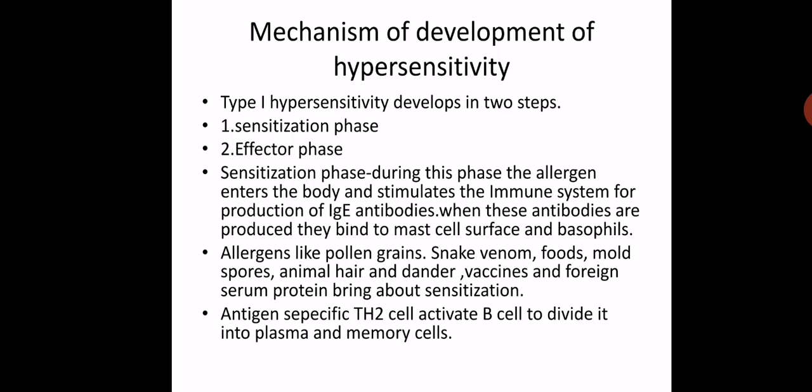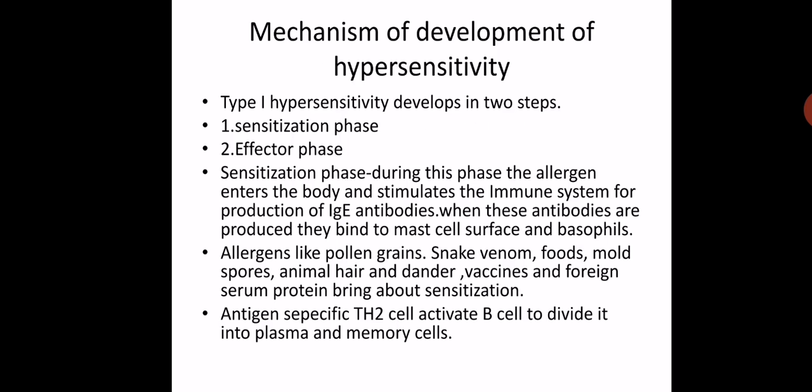So what happens in type 1? What is the exact mechanism behind the type 1 hypersensitivity reaction? There are two steps. When a type 1 hypersensitivity reaction develops, we observe two phases. The first phase is called the sensitization phase, and the second phase is called the effector phase.